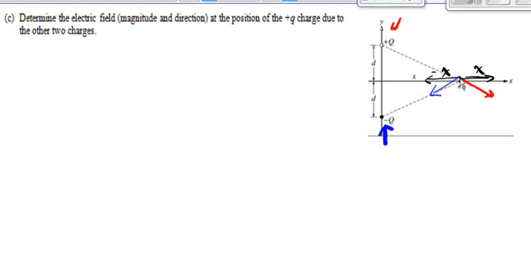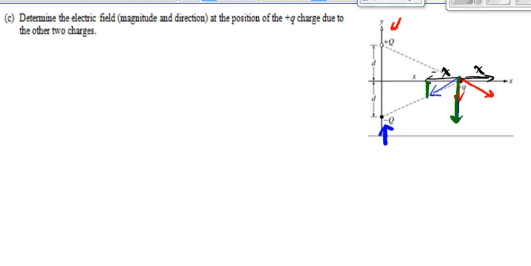Now what doesn't cancel out is the vertical component downward here and the vertical component downward here, which added together give us our total force.